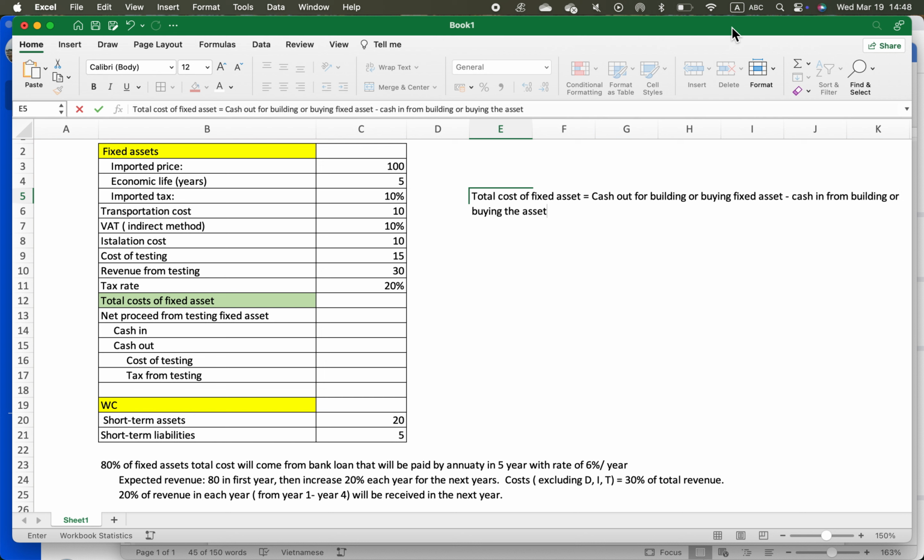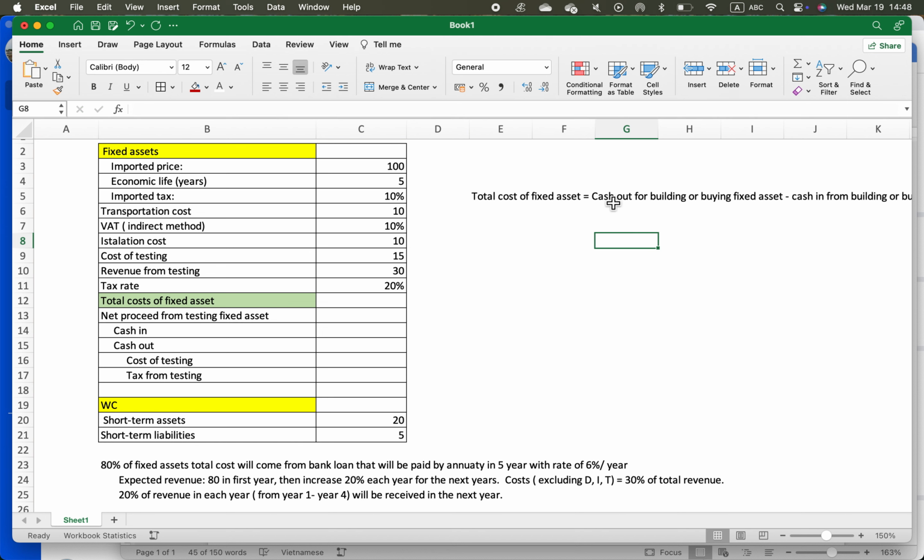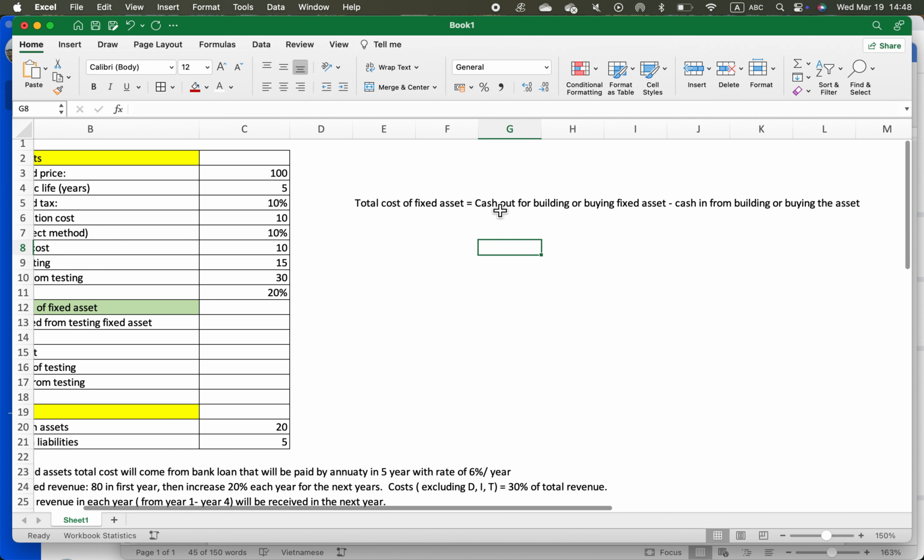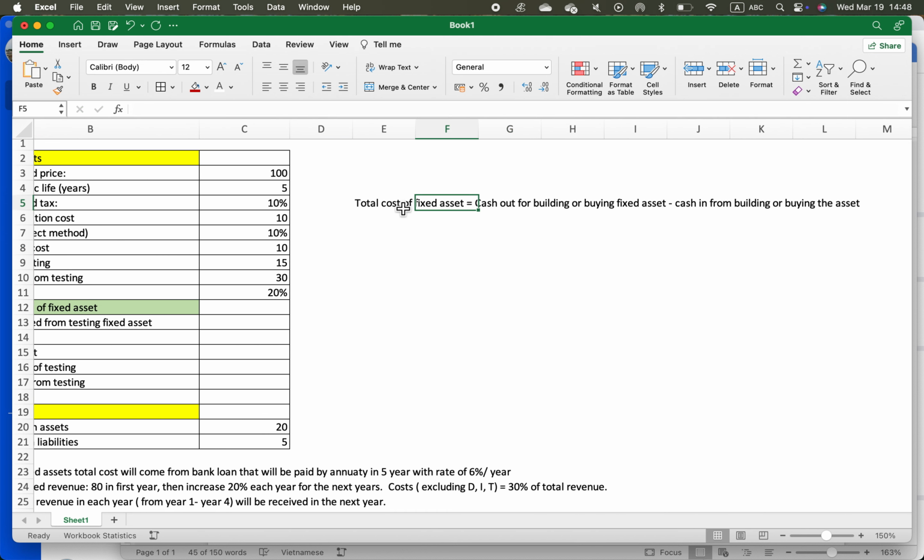Okay, so because of that, what we have to do is firstly to calculate any cash out for building or buying fixed asset. And then we have to calculate any cash in from building or buying the fixed asset.